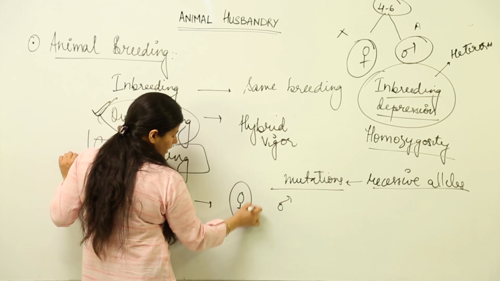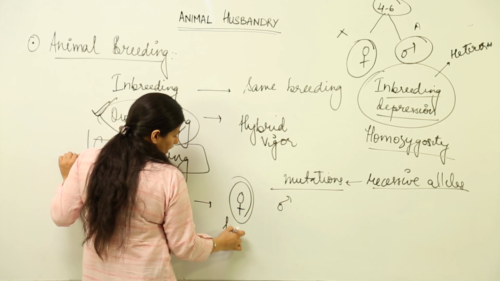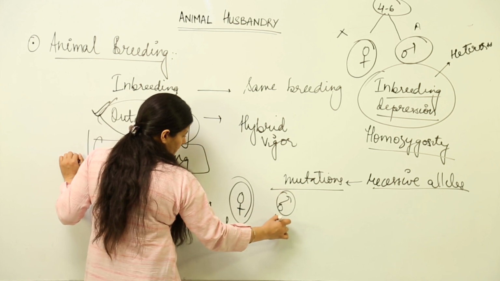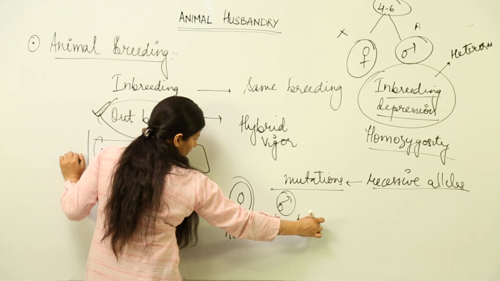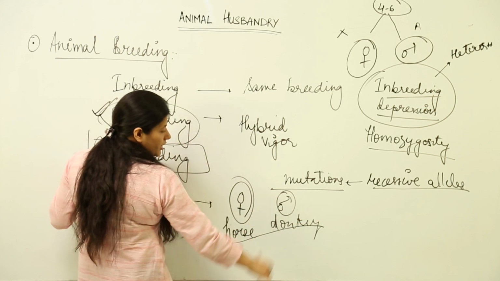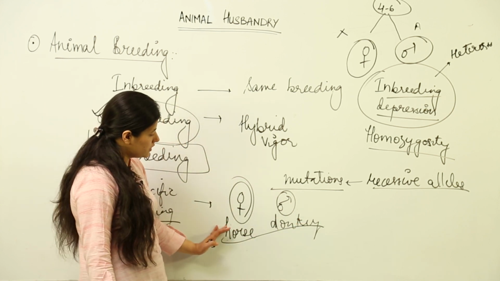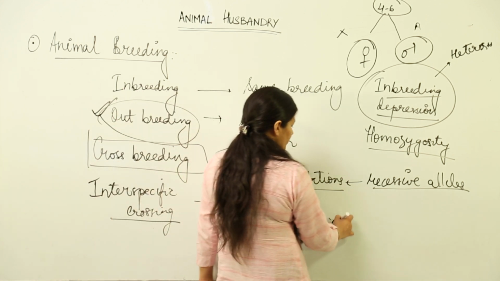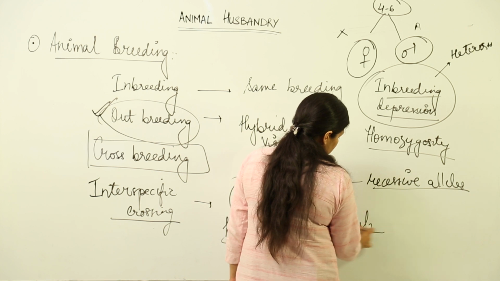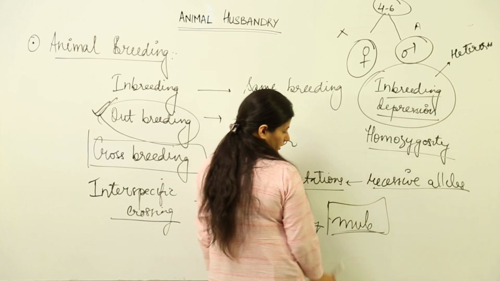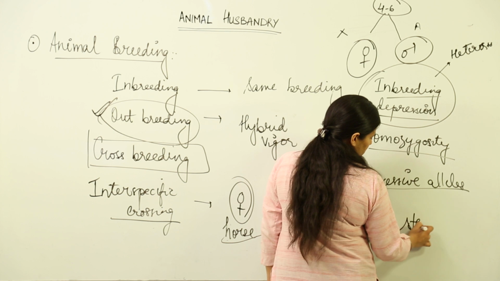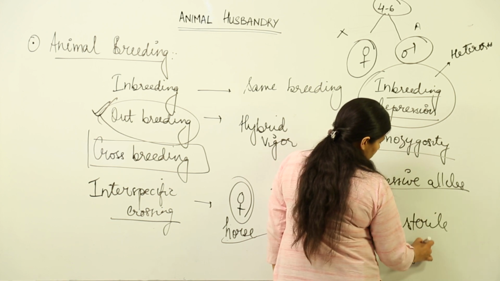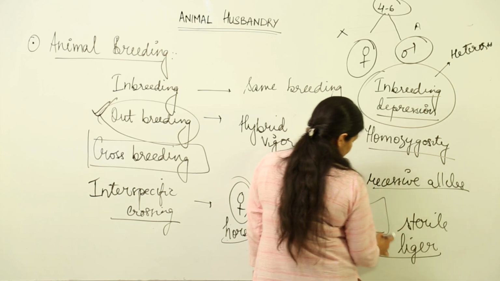Like supposedly the female is a horse and the male is a donkey, so we are going to get a mule. If the male is a horse and the female is a donkey, we are going to get a hinny. We have the example of sterile interspecific crossing; they are often sterile individuals. We have the example of liger, lion and tiger, and the example of mule.